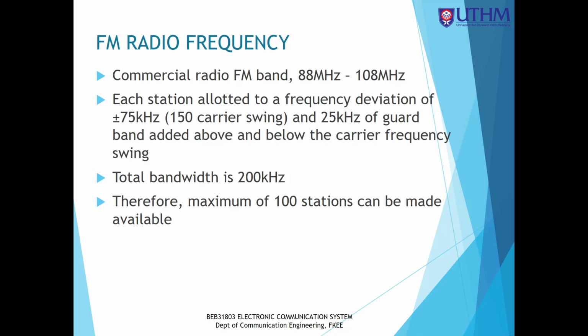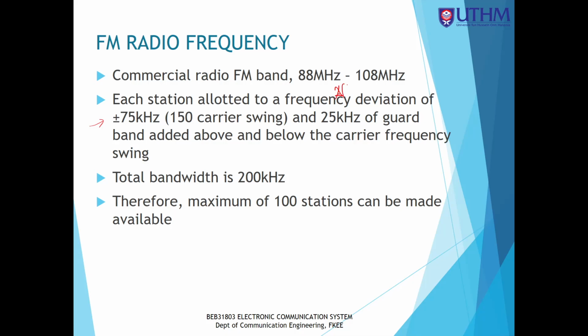You are given that the FM frequency band is between 88 megahertz until 108 megahertz. Each station or each channel is allotted a frequency deviation of 75 kilohertz.